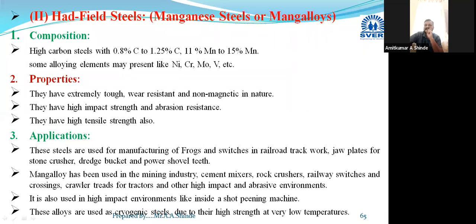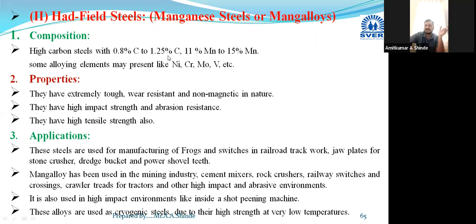Now, related to its composition, it is a high carbon steel. Why am I using the words high carbon steel, low carbon steel? So that you can write the composition within that range.